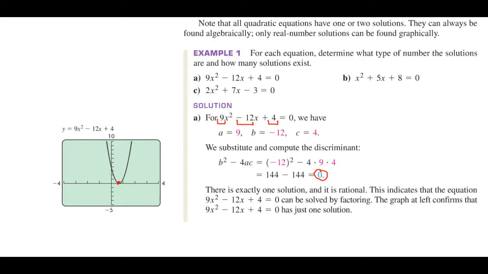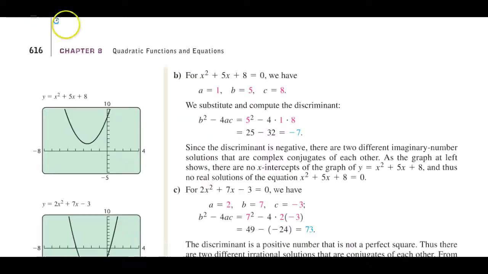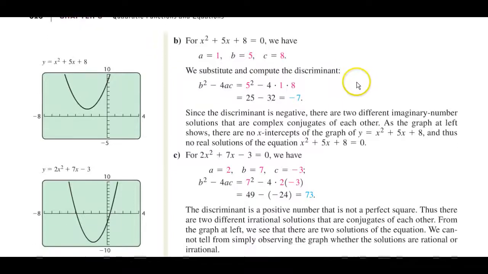And let's look at the others. Now for this one, again, you're substituting the A, B, and C into the discriminant, and we're ending up with a negative 7. So this is going to be plus or minus the square root of negative 7. So this is going to be an imaginary number, which in our final viewing will become plus or minus the square root of 7i.